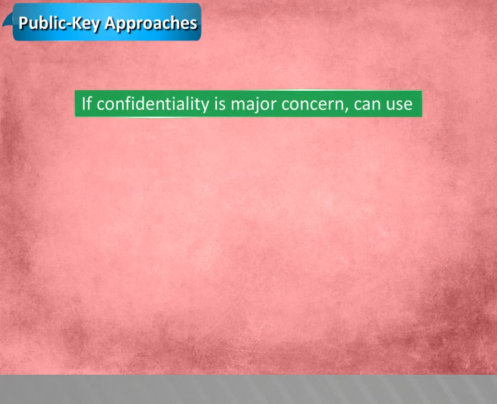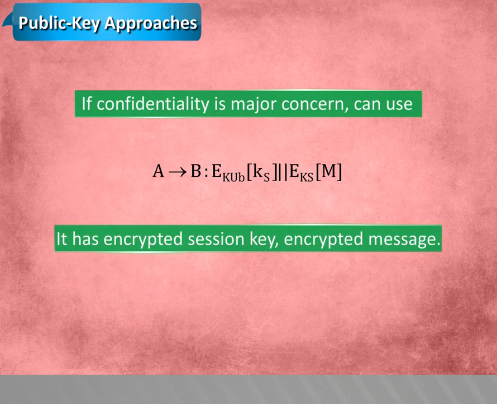Public key approaches: if confidentiality is a major concern, use A → B : E(KUb, Ks) || E(Ks, M). It has an encrypted session key and an encrypted message.